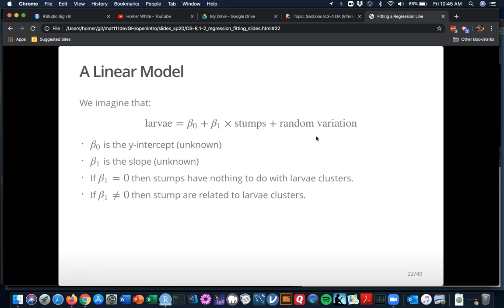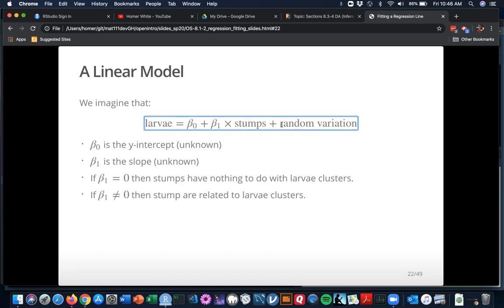The number of larvae is not totally determined by the number of stumps after all. It's determined by all kinds of chance variation in which beetles wander around, what places they find to go, whether or not the beetle is able to reproduce before it dies. And so the number of larvae is not a fixed determinate thing, even if it's related to stumps.